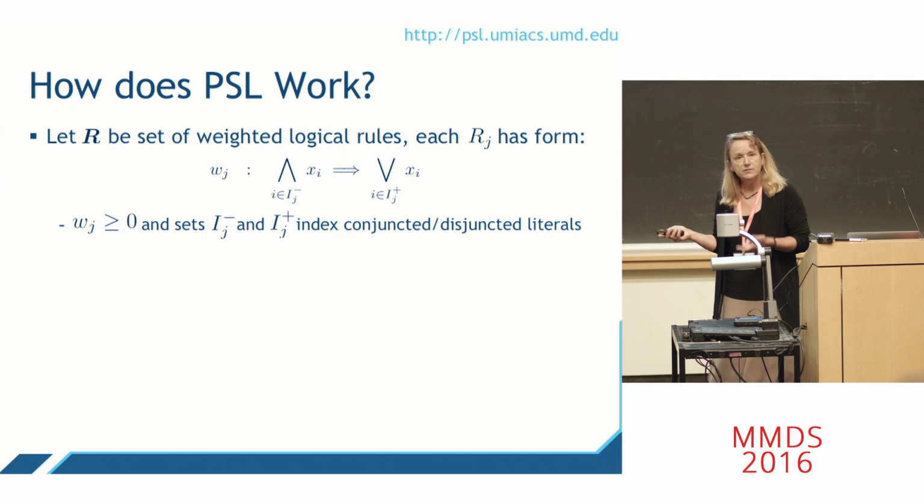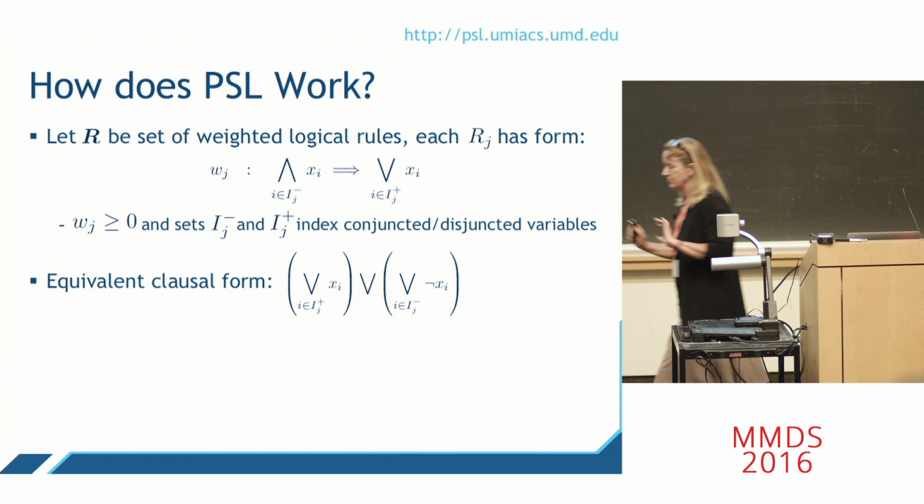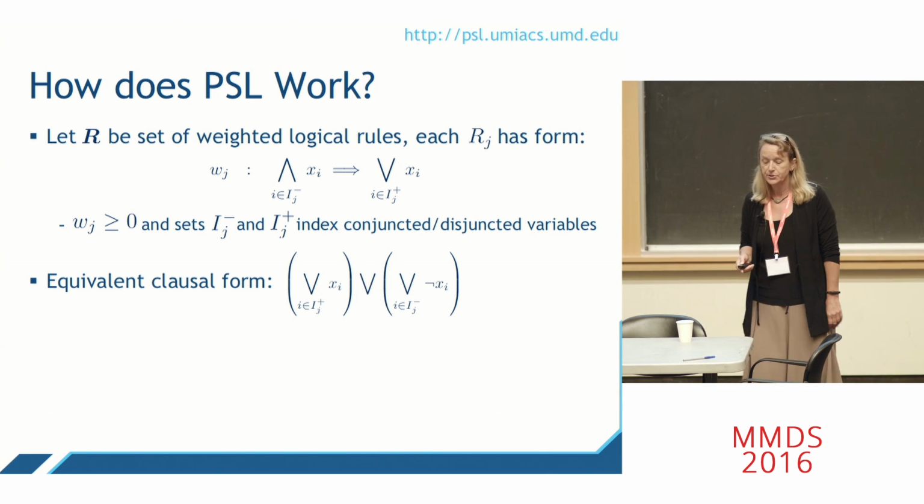And I'm going to do a standard thing of rewriting them as just an equivalent disjunction over all of these variables. So nothing magic here, a very common thing to do.